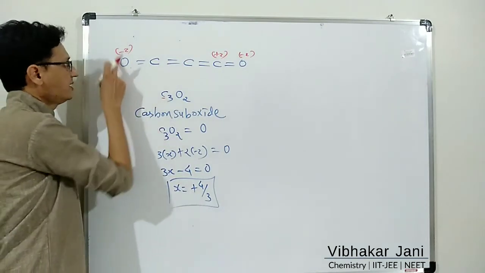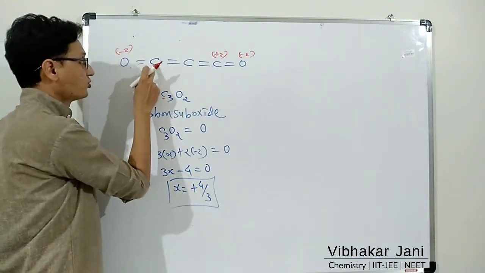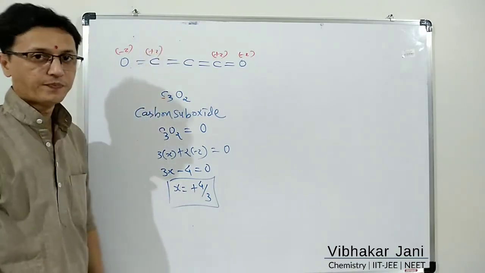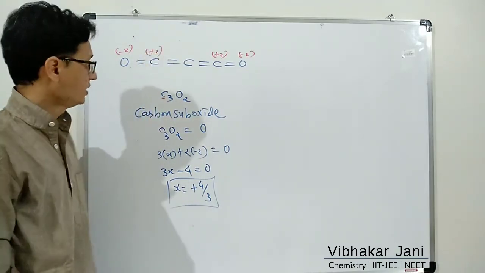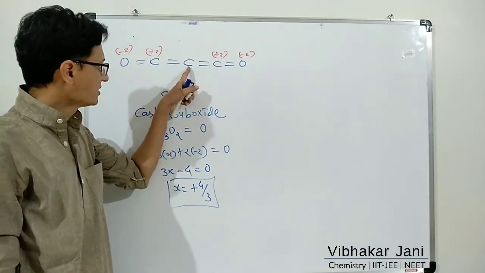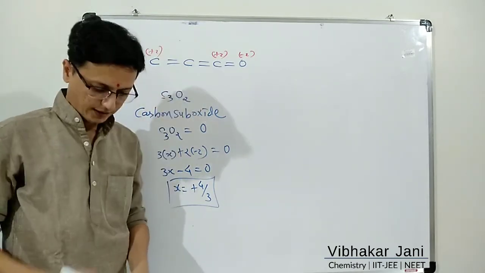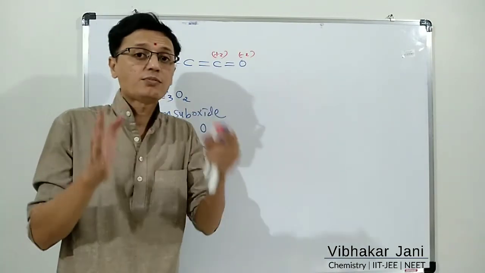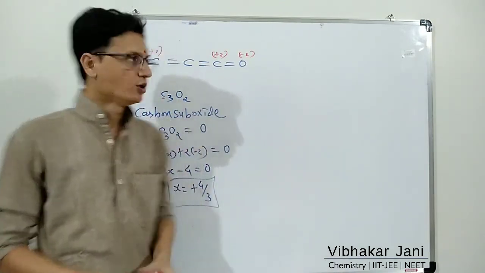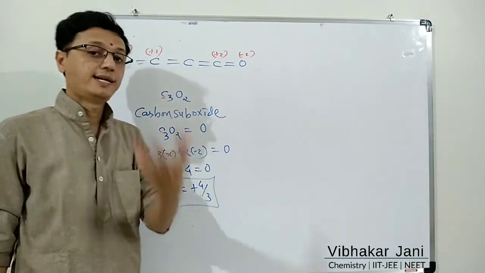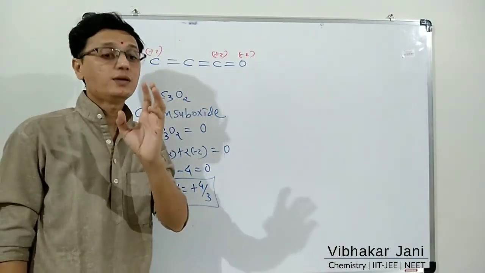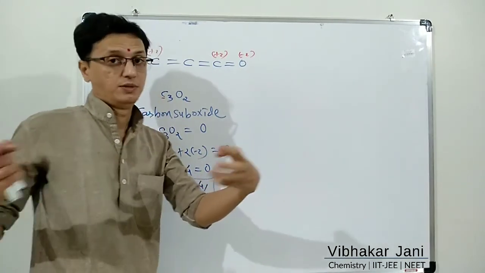Here also, this oxygen is in minus 2. That means to neutralize its charge, this carbon will be plus 2. Now, here, this carbon is attached with carbon only. And the electronegativity difference between two carbons is 0, because all are carbon. They have the same electronegativity. So, these electrons cannot be pulled by any carbon.